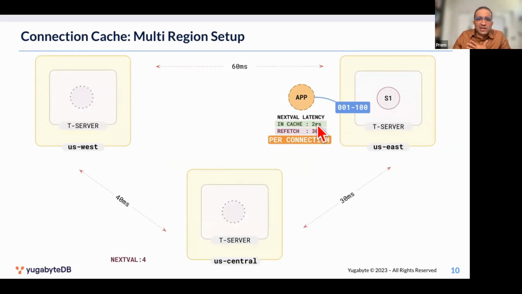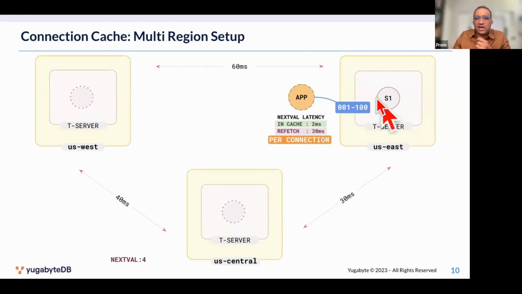Now, the latency for the fetch from the cache is just going to be around 2 milliseconds. It becomes probably even less because the app is going to be inside your region and maybe in a different zone than your T server. When it fetches from the cache, it's just 2 milliseconds. But when it refetches, it'll be 30 milliseconds. That's because of the raft replication.